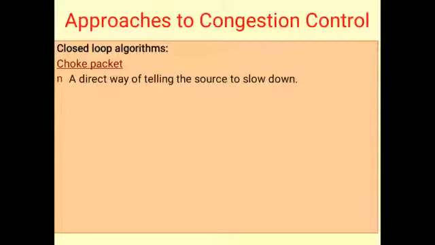That is one possibility for the occurrence of congestion. To control that, we are using the choke packet method. Here a direct way of telling the source to slow down. So directly we are telling the source to slow down sending the packets.